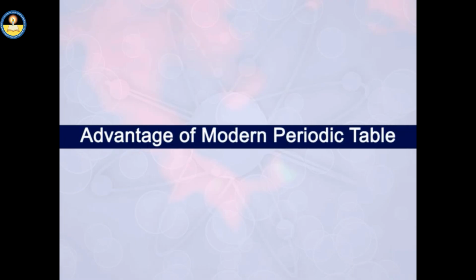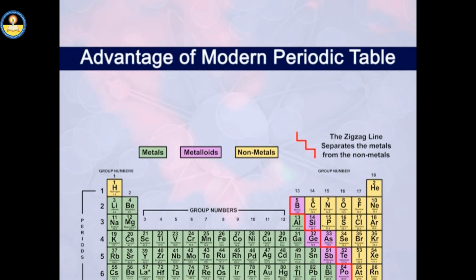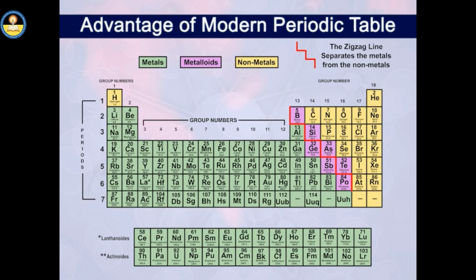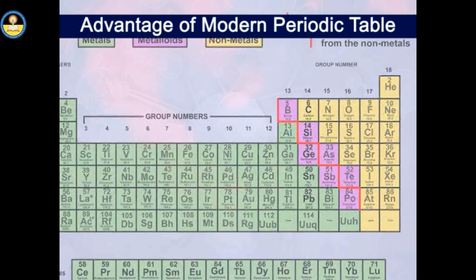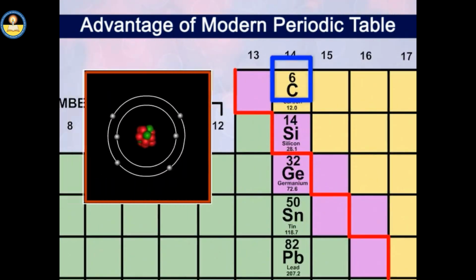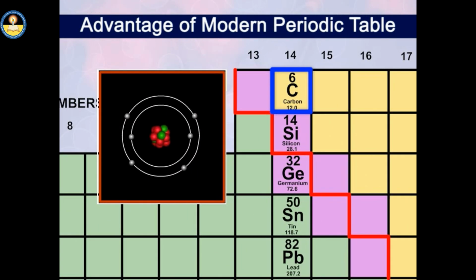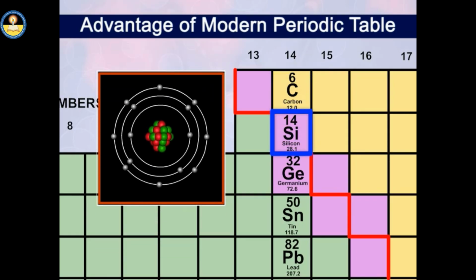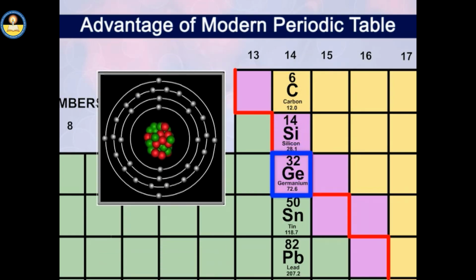Advantages of the modern periodic table. The use of the modern periodic table has made the study of chemistry systematic and easy. It serves as a good teaching aid. The properties of an element can be easily estimated by knowing its position in the periodic table.